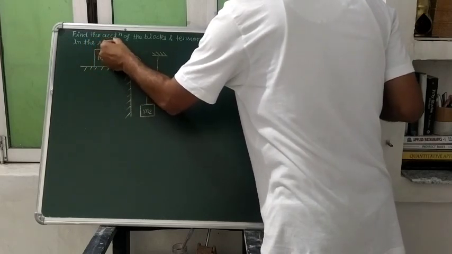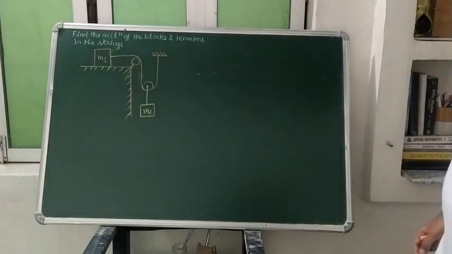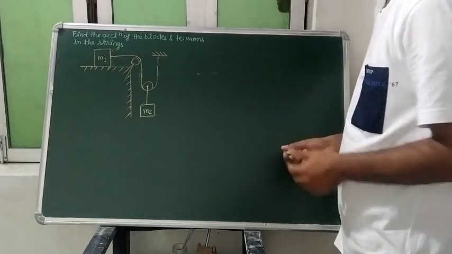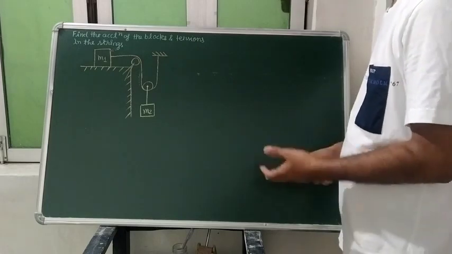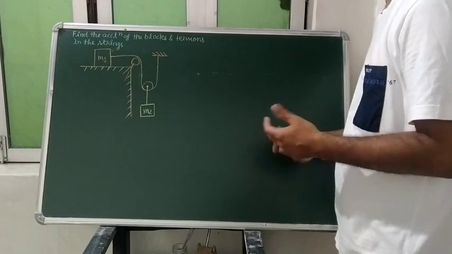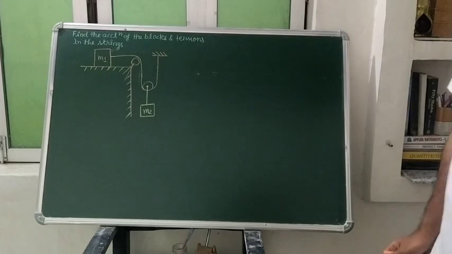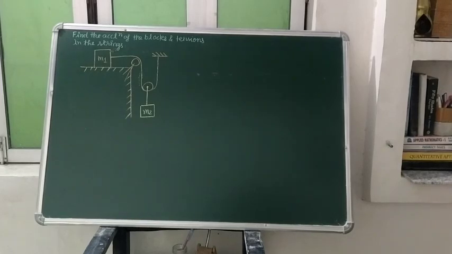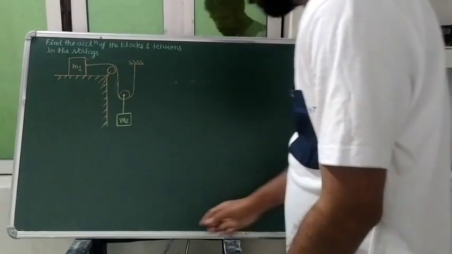And what are the assumptions that I am not going to write here? The masses of the blocks are given to us, that is m1 and m2. Strings are inextensible and massless. Pulleys are frictionless, massless. Surfaces are also frictionless, so that you can assume. Okay, so write down the problem first here. So our problem is something like this.